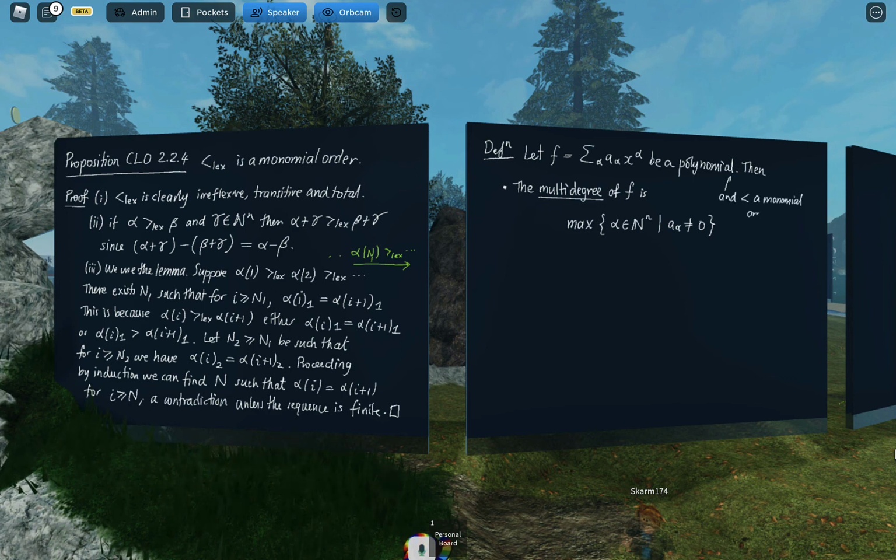It's not an intrinsic property of the polynomial. So given the monomial ordering, this finite set has a maximal element because it's a total order. And that maximal element is called the multi-degree. So it's with respect to our monomial order.